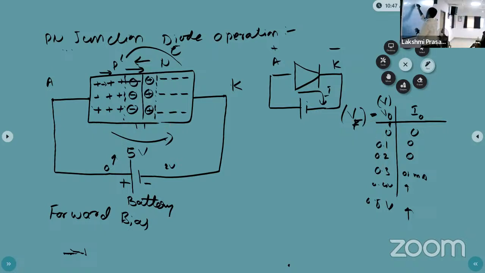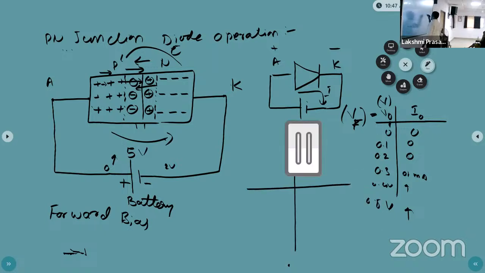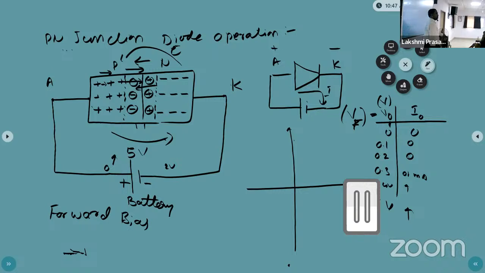Electrons and holes can move freely, holes from P to N and electrons from N to P. So whatever current you are applying at the battery, the total current can flow through this PN junction diode. Okay. Now we can draw this, called the VI characteristics, based on this table. What is the graph name? 1D, 2D, 3D?